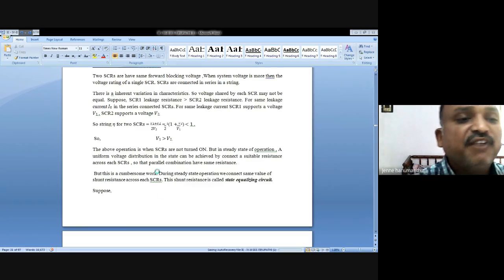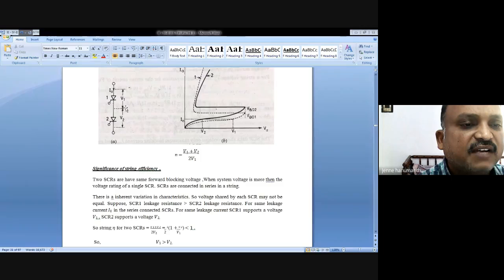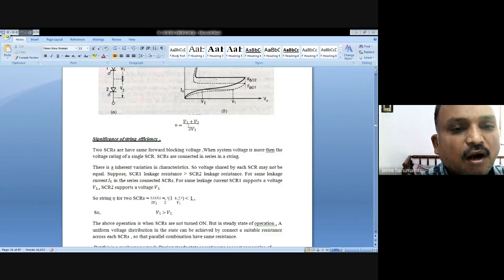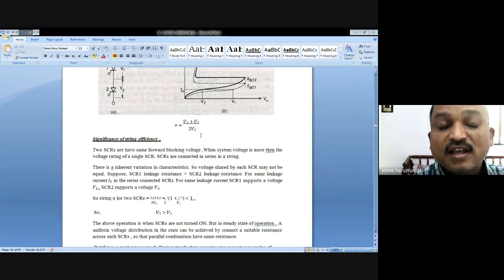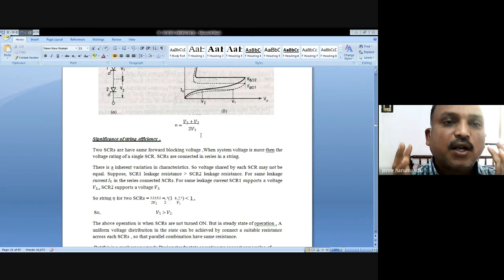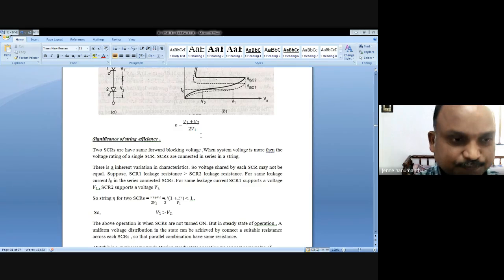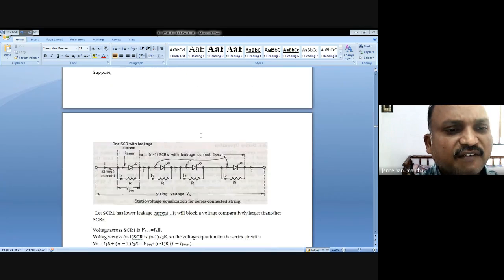Say for example, if they are equal, V1 equal to V2, then 2V1 by 2V1, eta equals 1. Eta equals 1 means you get a higher drop. High voltage you can develop. That is the meaning of series.